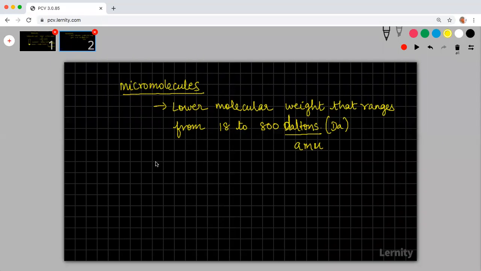Micromolecules are found in the acid soluble pool. AMU and Daltons are the same thing, it is not different.